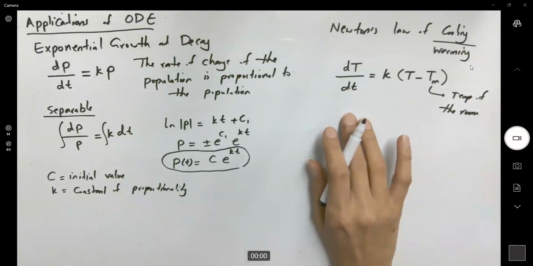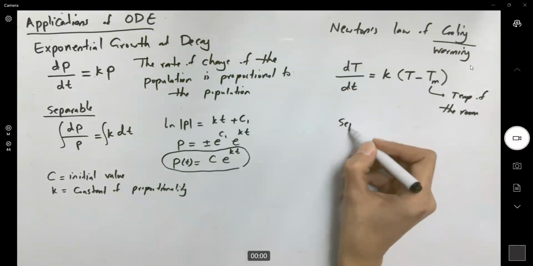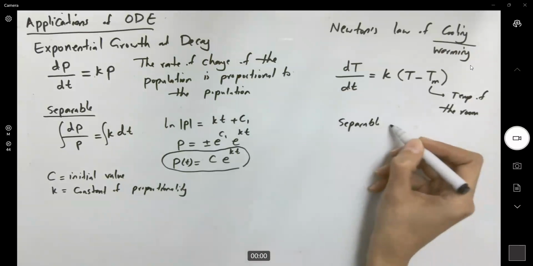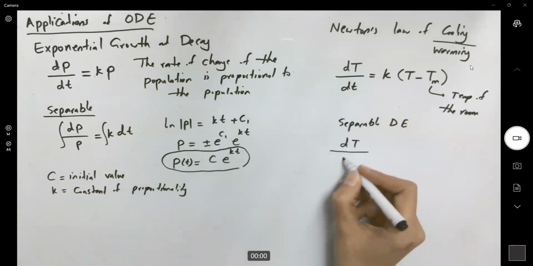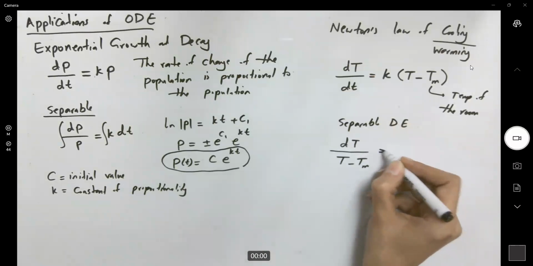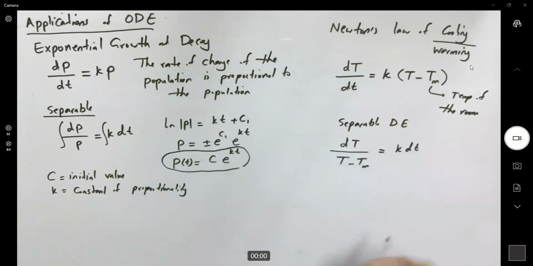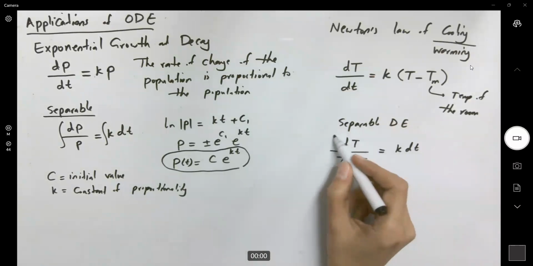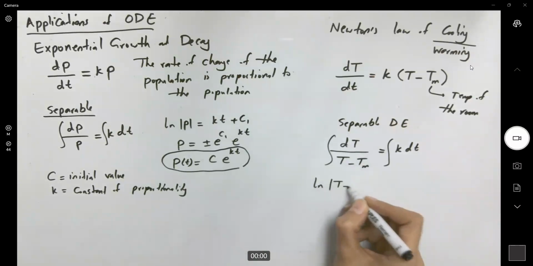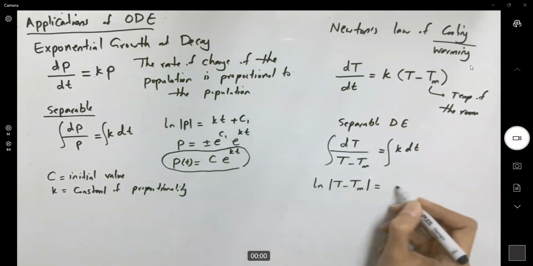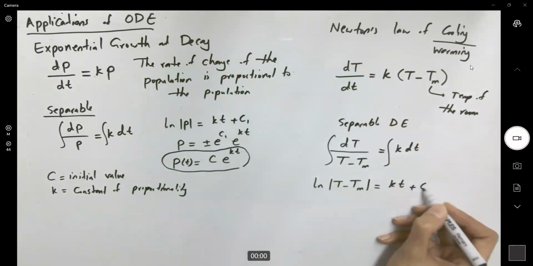Again, here you have a separable differential equation. We can divide both sides by T minus T_m, and on the right-hand side, you have k dt. By taking the integral of both sides, we get ln of absolute value of T minus T sub m, which is equal to kt plus C sub 1.